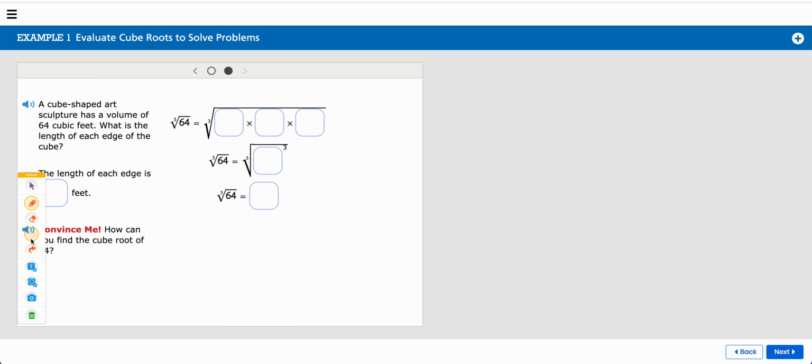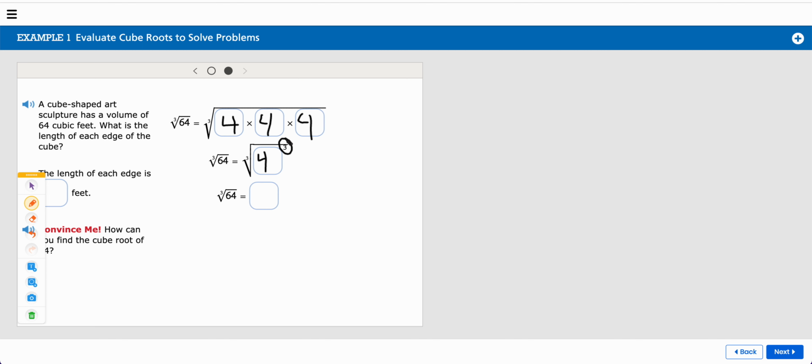So the cube root of 64, well, what number cubed gives you 64? 4 times 4 times 4. Okay, 4 times 4 is 16, and then 16 times 4 again would be 64. So 4 cubed, this little exponent right there tells us that we're cubing the number 4.